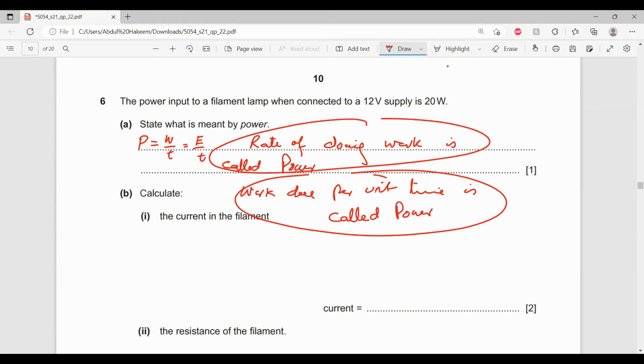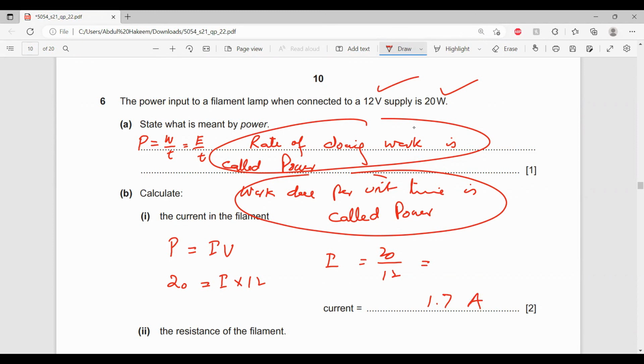Next, calculate the current in the filament. The power and voltage are given, and there is a formula: power is equal to IV. Power is 20, voltage is 12, so current is equal to 20 divided by 12, which is 1.7 ampere.